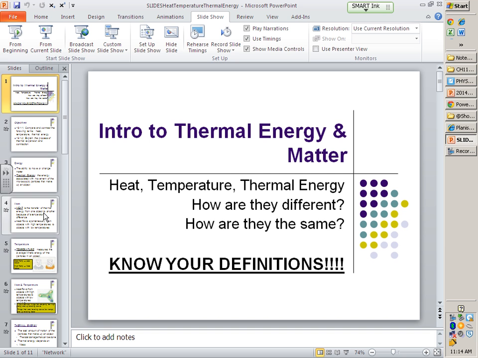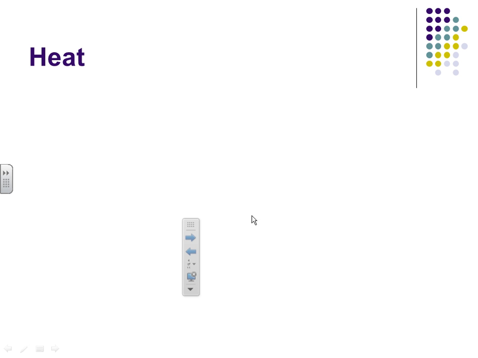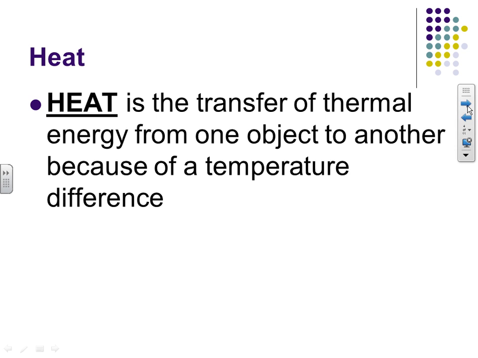So the first one we're going to talk about here is heat. Most of you probably know what heat is. It's the definition of a word you've used before, but in terms of its importance to matter and energy, heat is the transfer of thermal energy from one object to another because of a temperature difference.